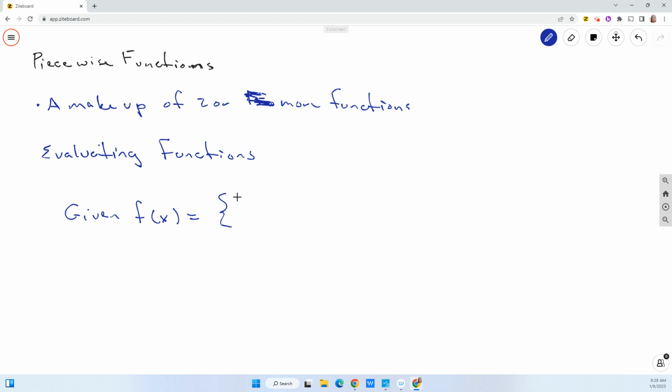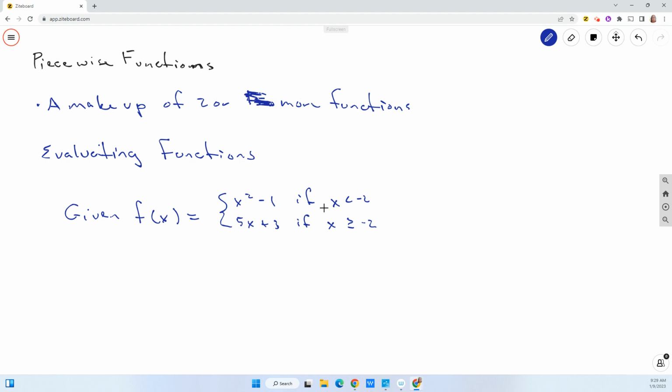So say I have x squared minus 1 if x is less than negative 2. And then I'm going to have 5x plus 3 if x is greater than or equal to negative 2, right?